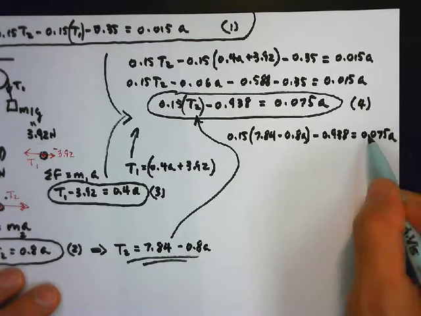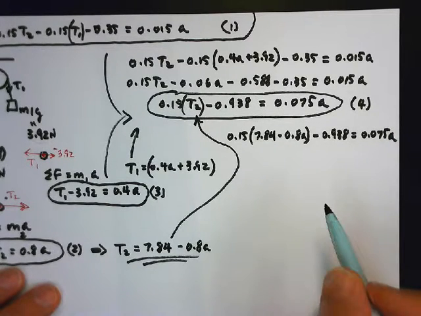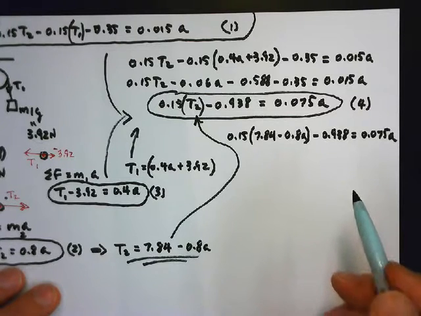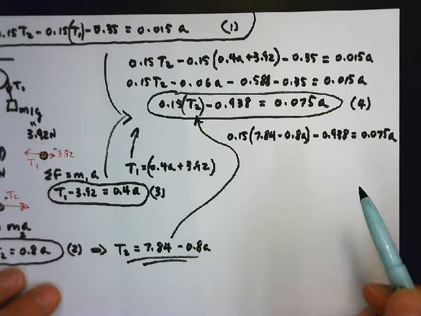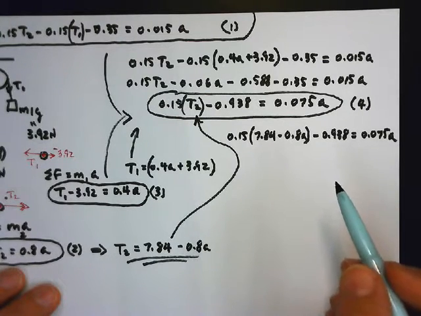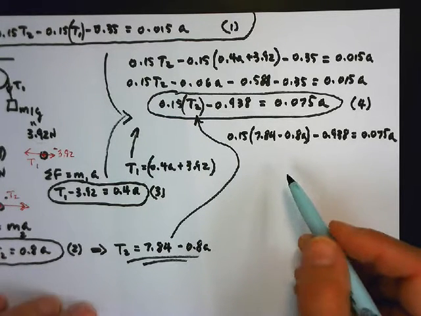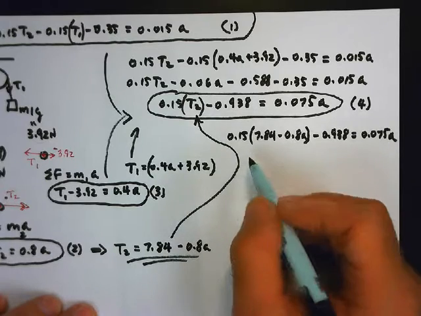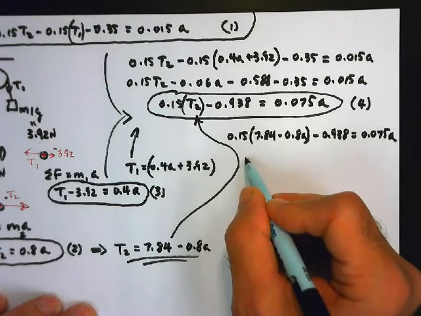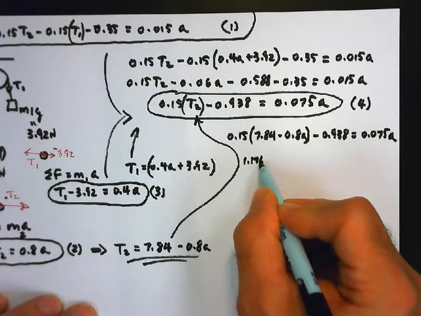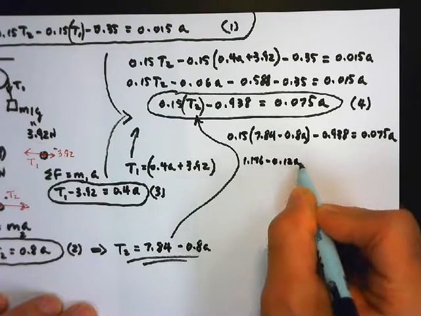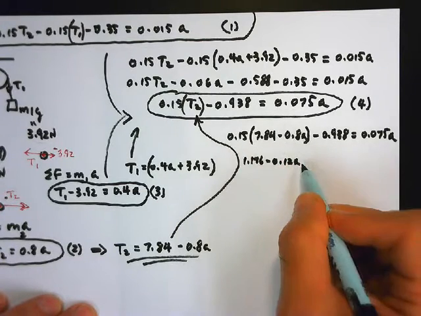Let me move that over. So 0.075a. All right, and we can go ahead then and simplify it. So I just won't talk on it at this point. Okay.